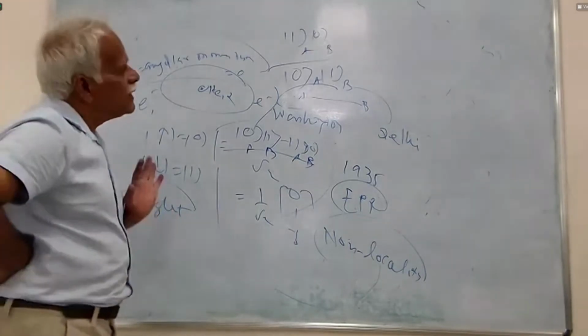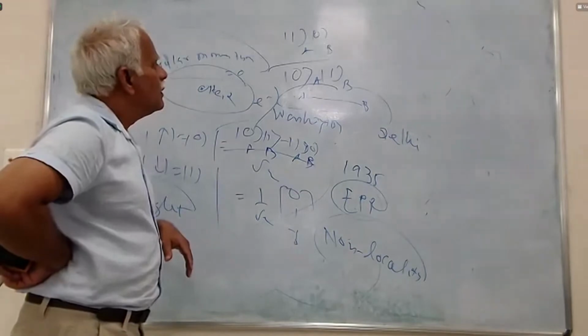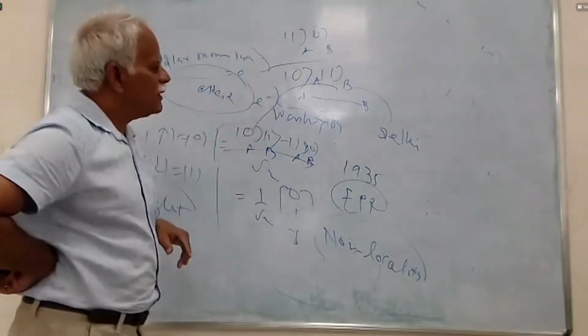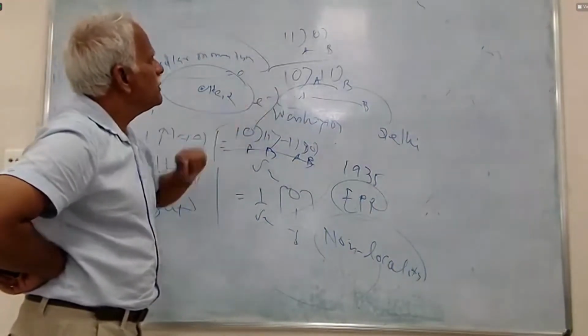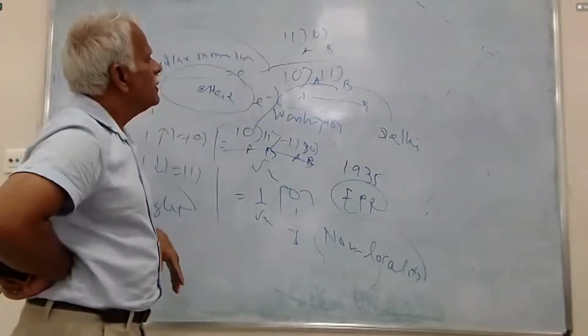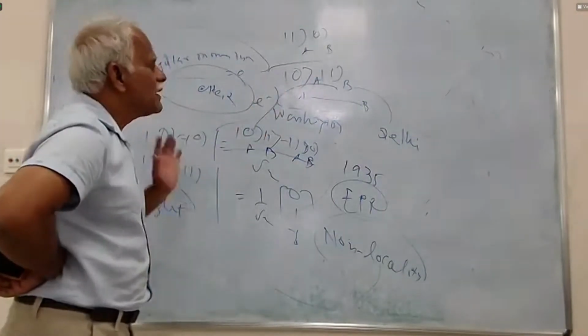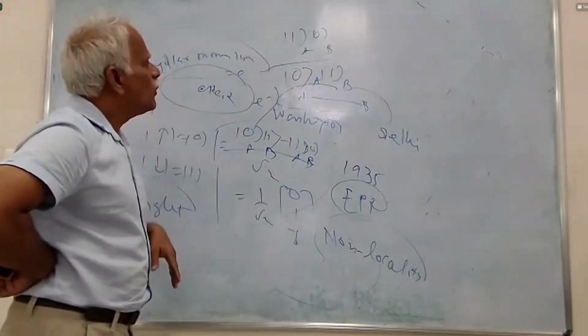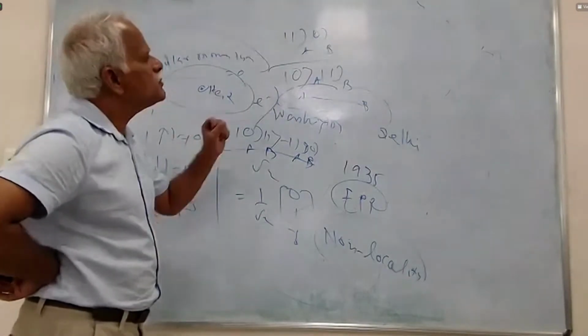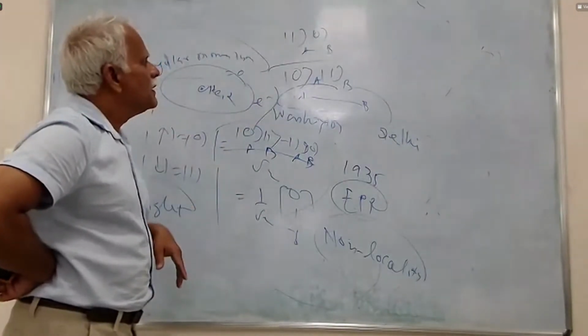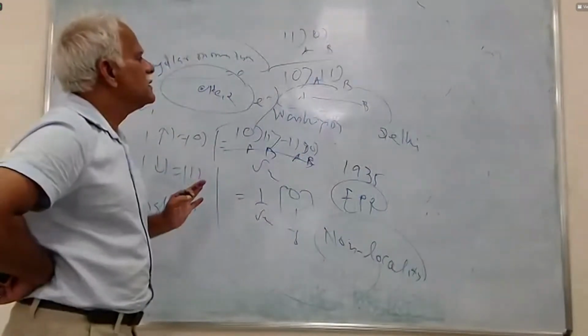But the reality is this: far away, you do a local measurement, a single measurement, and the state collapses instantaneously.